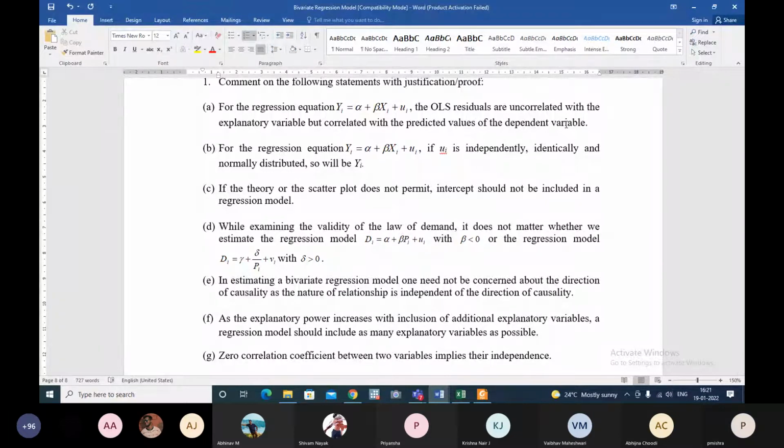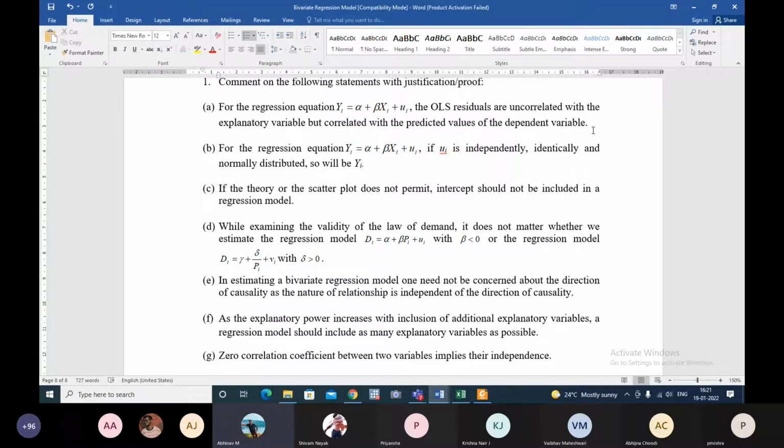How will you answer this question? The question is, the OLS residuals are uncorrelated with the explanatory variable, but correlated with the predicted values of the dependent variable.